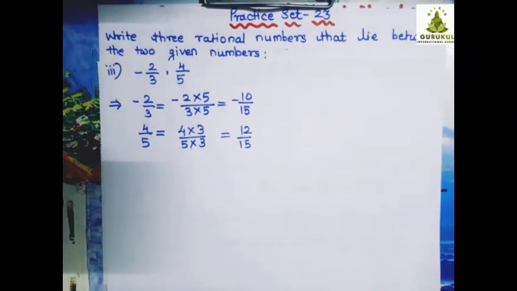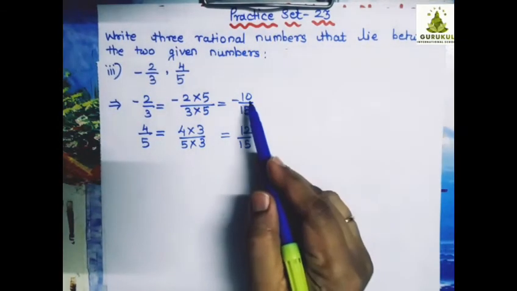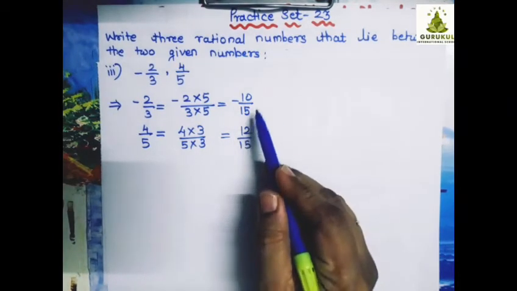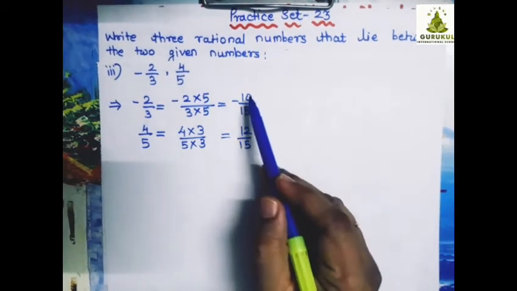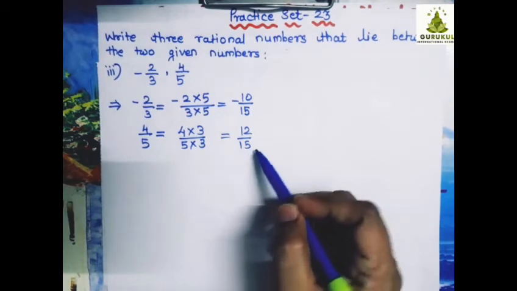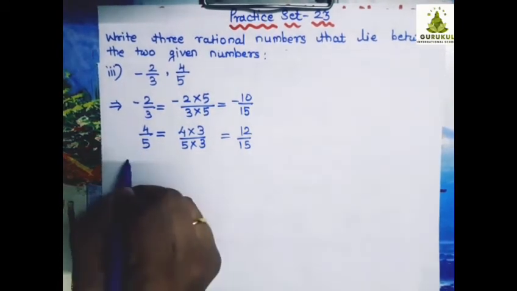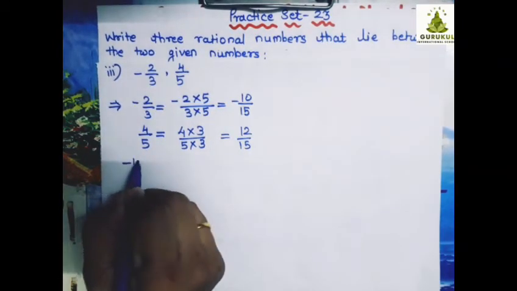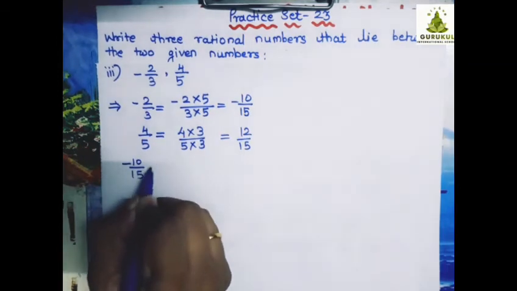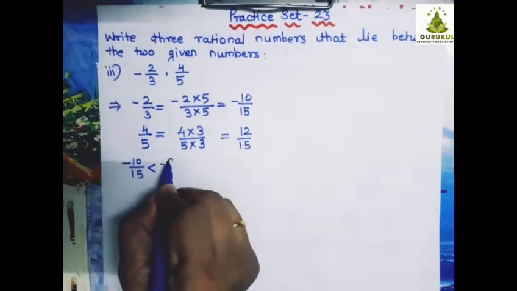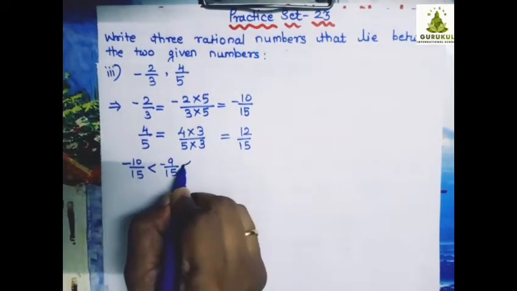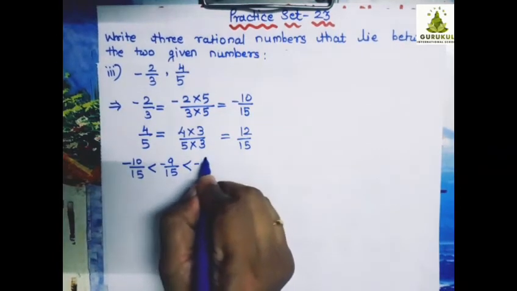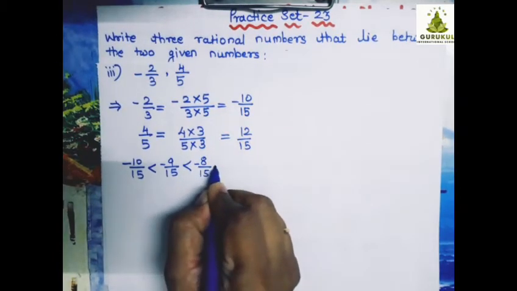Now some of you may say, teacher, only one number lies between 10 and 12, that is 11. But it is not like that. This is negative and this is positive, so many numbers are there. I will write here minus 10 upon 15 is less than minus 9 upon 15 is less than minus 8 upon 15 and so on.